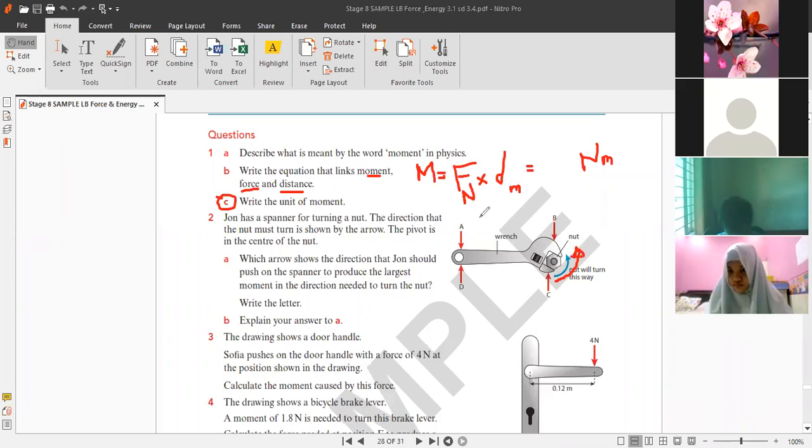A. Good, very good. Thank you, Mas Raka.